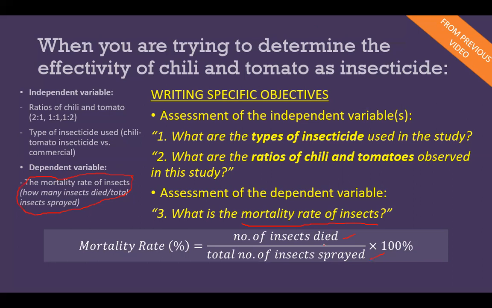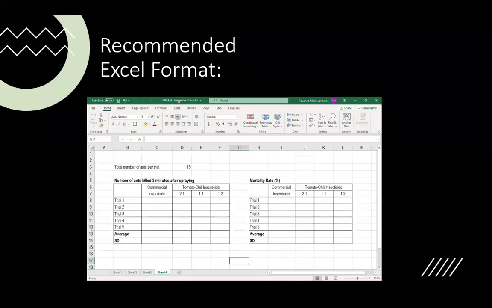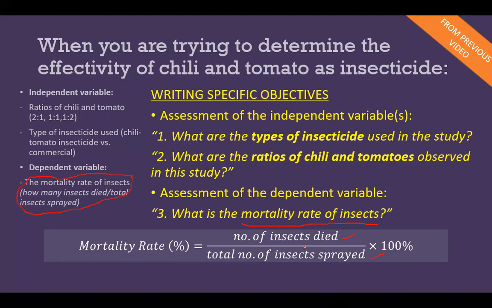Okay. So how will it look in Excel? Of course, you can manage Excel on your own, how to organize the data. But this is what I recommend that you do. Okay? So you have the total number, let's say in this part.